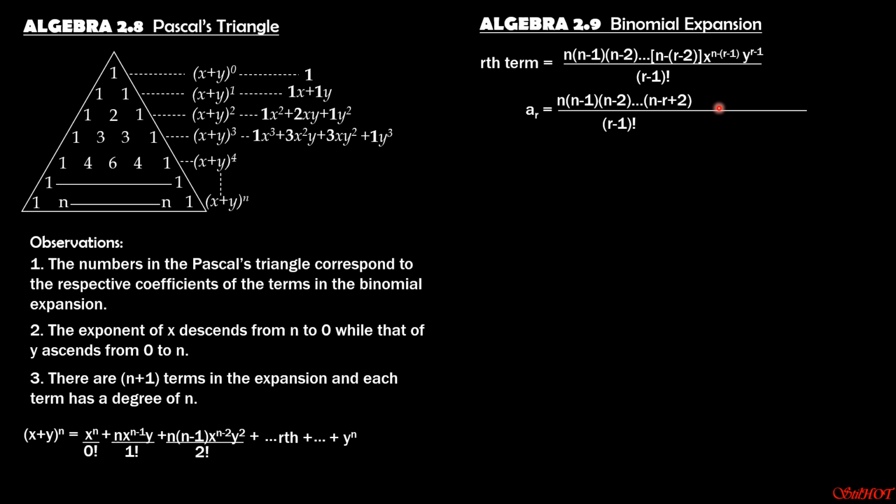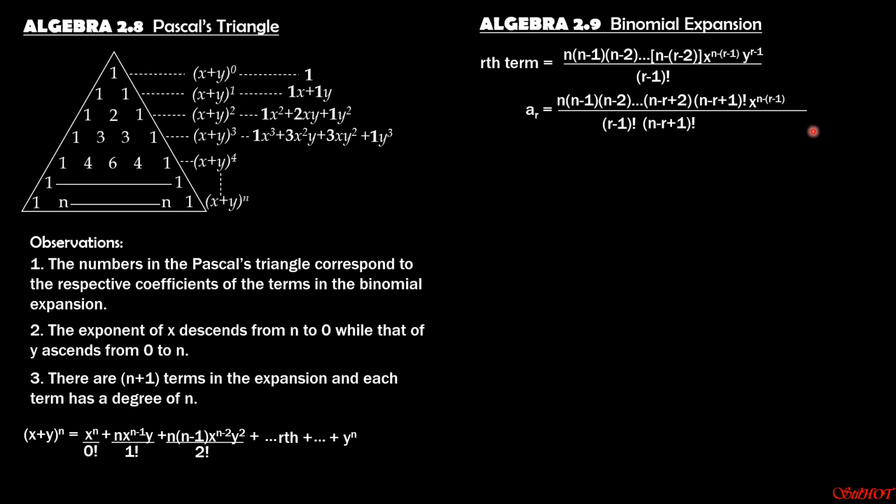And I'll write that in factorial form. I introduce it because the next factor here is supposedly minus 1 of this, so n minus r plus 1, right? Then I just make it in factorial form. I should also divide by the same factorial form so that I'm not changing the original coefficient. So that is 1. Then x raised to n minus quantity r minus 1, then y raised to quantity r minus 1.